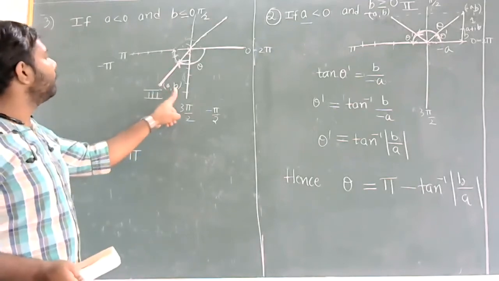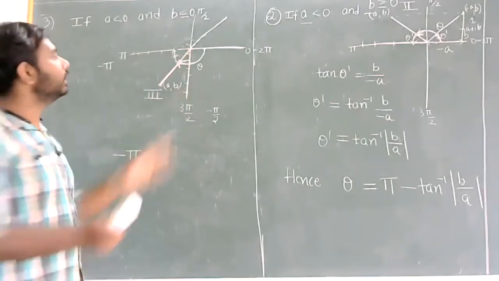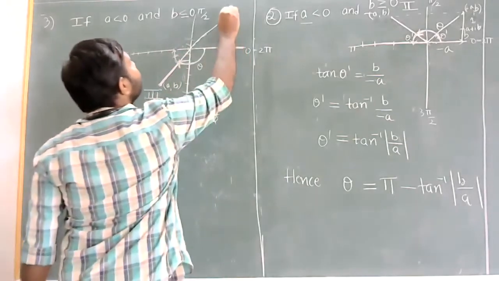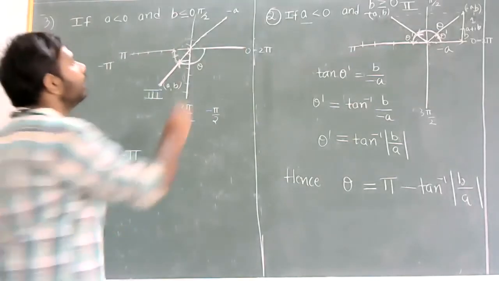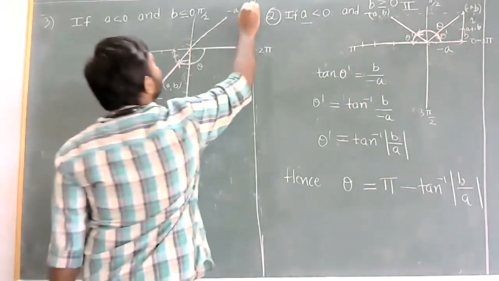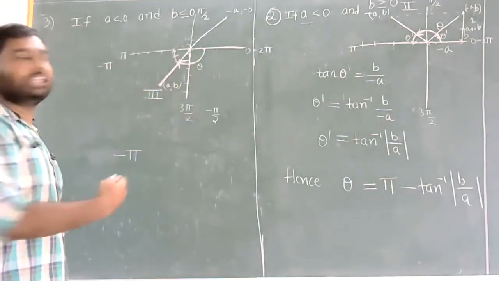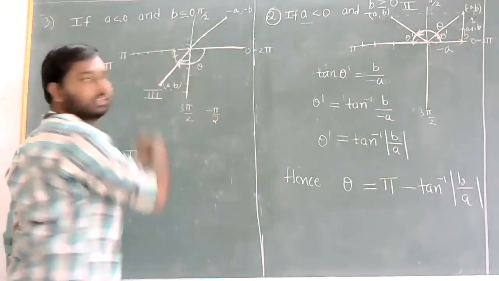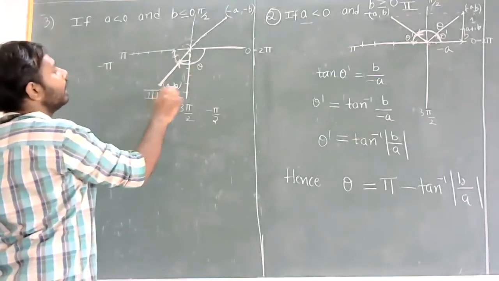Here (a, b), a is negative, b is less than or equal to 0. So here a will be positive, that means minus a, and here minus b, because b is taking negative values. In the upper half plane, b will take positive values.